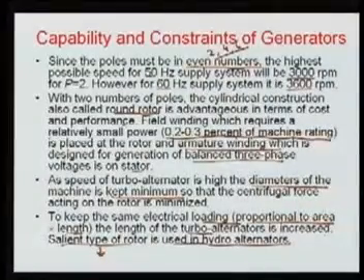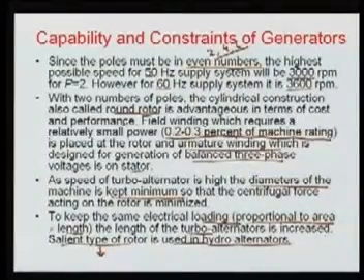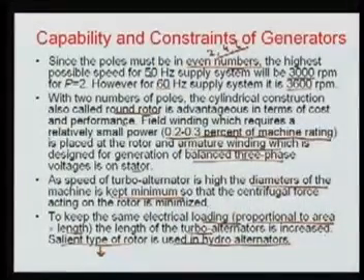However, in hydro we normally use the salient type because we go for a large number of poles and they also operate at less speed. So it is convenient to use the salient type, and we can have a large number of poles on the rotor so that the diameter of the machine is increased. So for the same electrical loading, if the diameter is increased, we can have a smaller length.